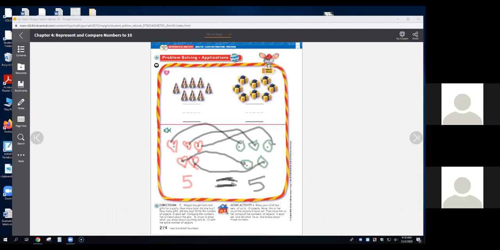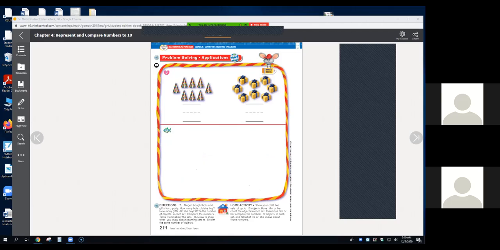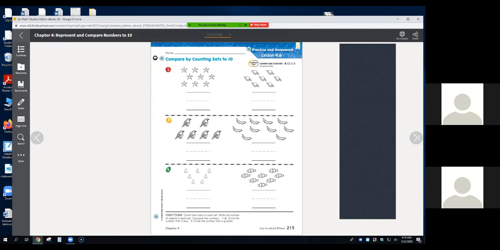All right, now let's talk about the homework. The homework, we're gonna be doing the same thing as we practiced today. The first one, you're gonna count each object on each side, write the number. And the number 1 and 2, you're going to circle the number that is less. Remember, the one that is smaller. Less is smaller, okay?